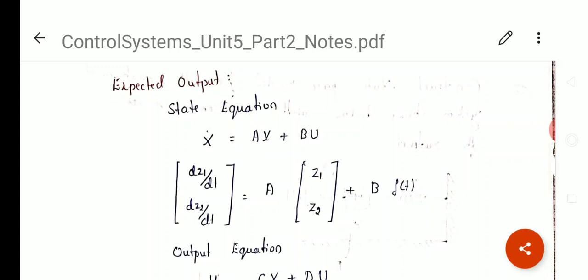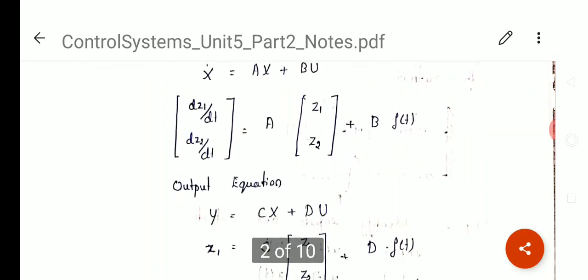That z1 and z2. x dot is the differentiation of the state vector. So for z1, dz1 by dt, and for z2, dz2 by dt. And u is the input, which is f of t. Our task is to find the matrices A and B.